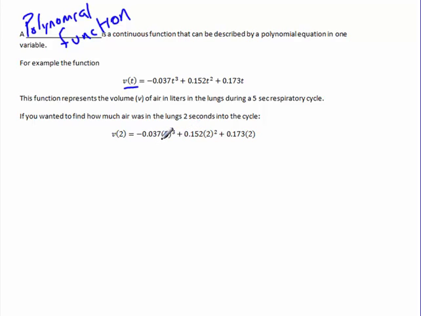Then hit enter on that, and you should end up with 1.25 liters as your answer. So the volume of the air in your lungs is 1.25 liters, or 1 1/4 liters.